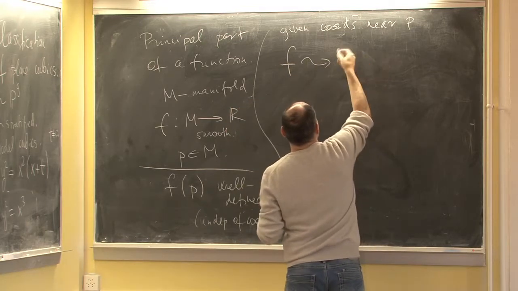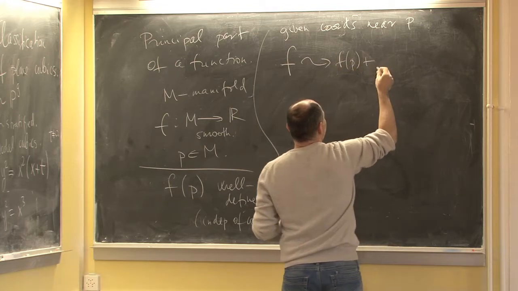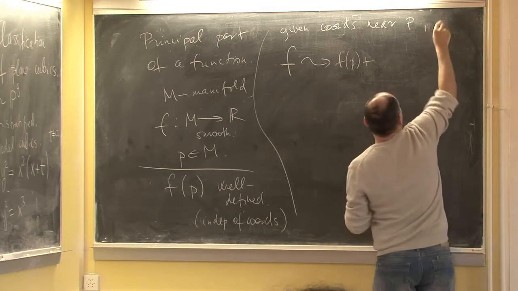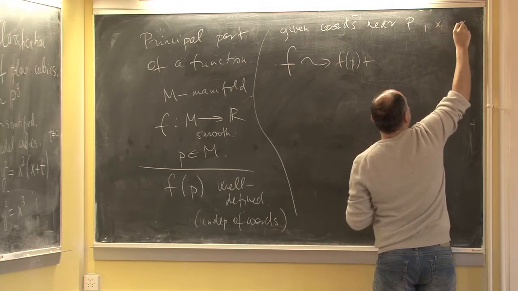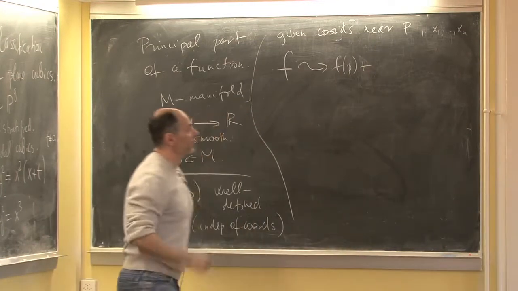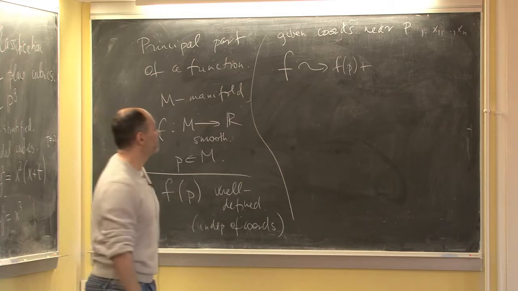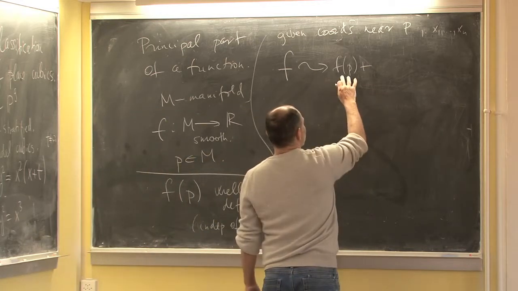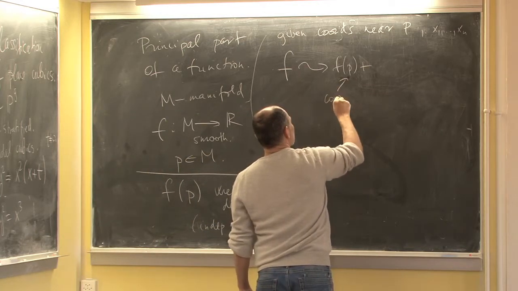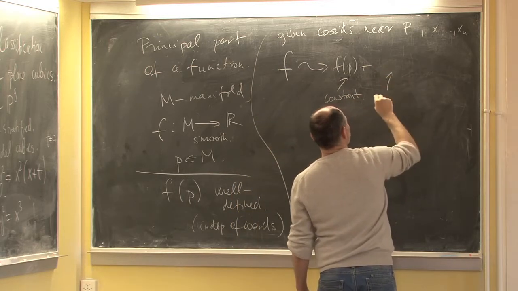It will be just the constant part, f of P. Then there will be a linear part, so I'll choose x1 through xn to be the local coordinates. And I assume near P, that when they're all 0, then that's exactly the point P. So there will be a constant term, right? And that's f of P. And then there's a linear part.